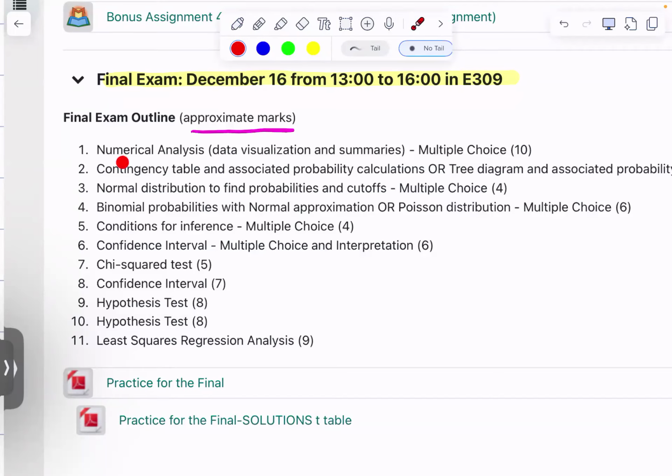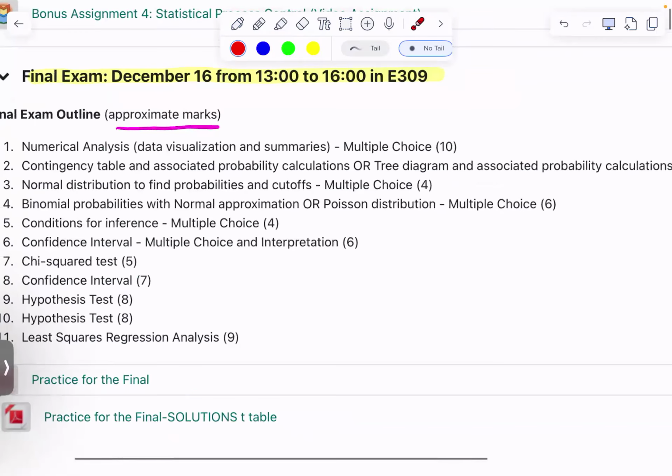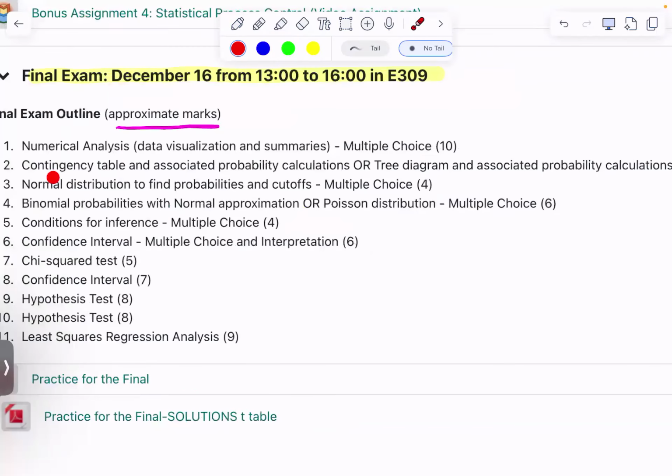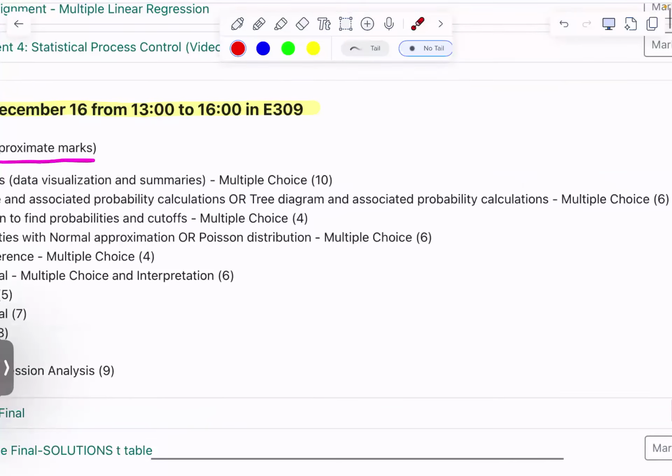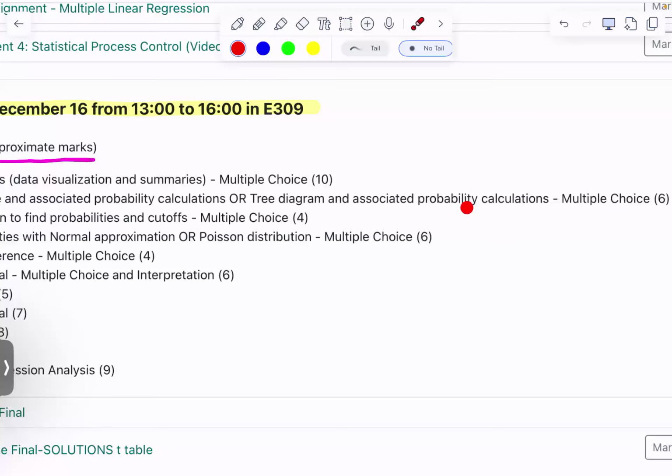There's going to be some numerical analysis, so data visualization and summaries. All that test one stuff that you did, you've seen multiple choice questions on that material already, and that'll be 10 marks. And then there's a contingency table and associated probability calculations, or a tree diagram and associated probability calculations.